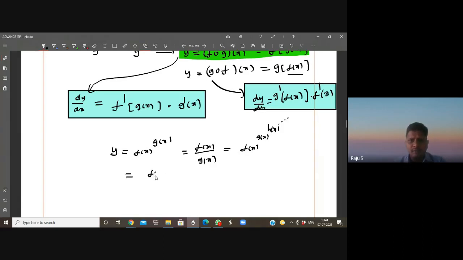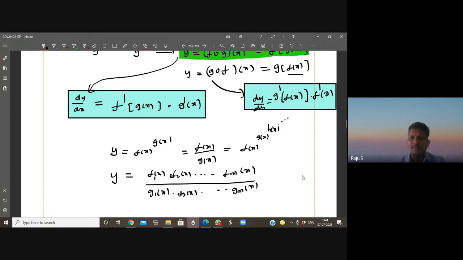And function by function, like f1x, f2x, f3x, up to fnx, divided by g1x, g2x, so on, up to gnx. Nothing but the function in the form of a product of some finite functions divided by a product of some different functions.